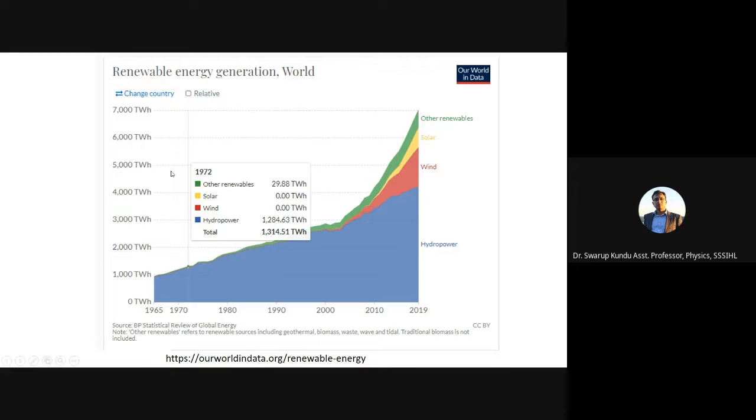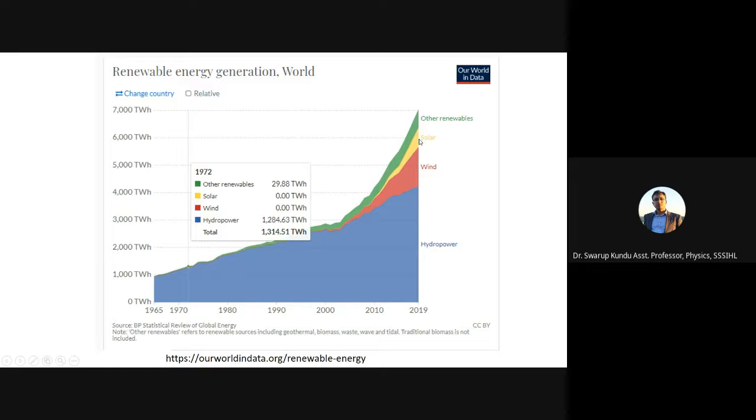Here in this chart, I have taken the data from the website Our World in Data. You can visit this website and see all this renewable energy data, country-wise, and also for different types of renewable energy. So we have hydropower, wind, solar, and other renewable energies. You can see the percentage or their total capacity. Hydropower is the major renewable energy, and then come wind, solar, and other renewables.